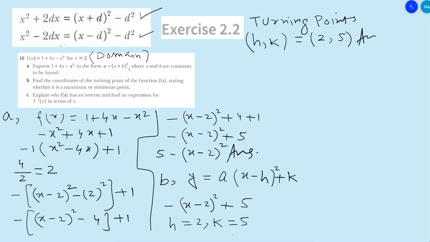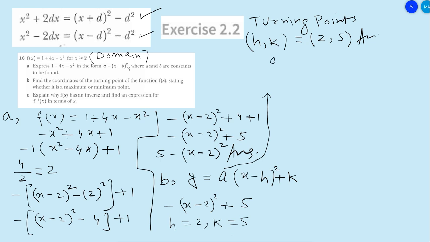This is the answer of part B, first part. Because we have to find the function is maximum or minimum. Very easy. This constant a will give you the information whether the function is maximum or minimum.